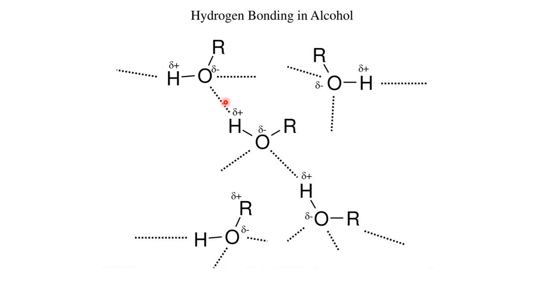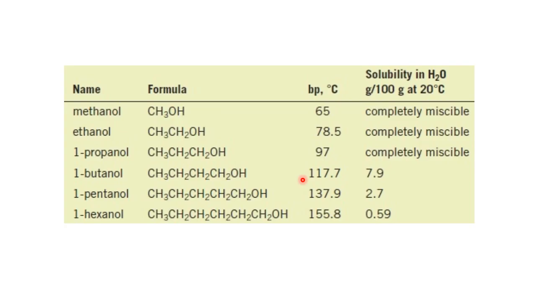This is how it is: hydrogen is attracted to oxygen, which is partially negative, and the hydrogen is always connected to oxygen. This is hydrogen bonding. This hydrogen bonding is very strong, so the boiling point of alcohols is very high compared to their molecular weight. So alcohols have high boiling points.